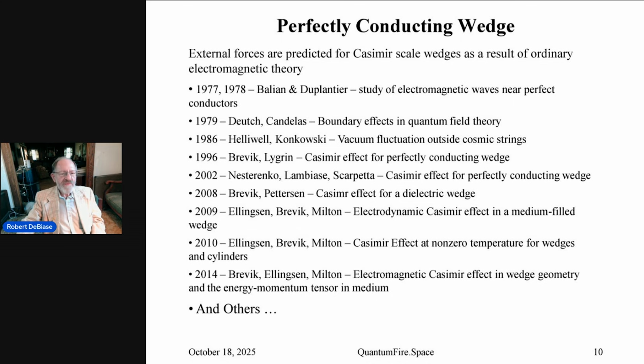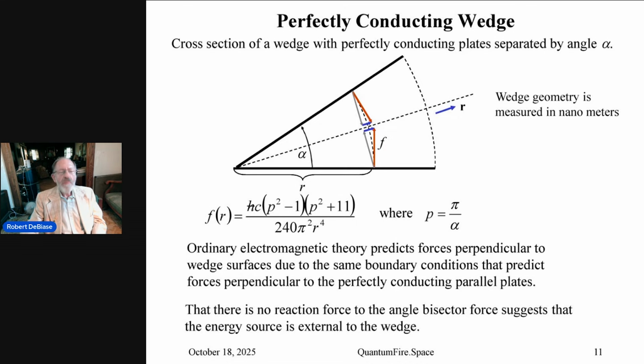So this takes us to perfectly conducting wedges. And there are a number of papers here. The first one being in 1979 by Deutsch and Candelas. But there have been a whole bunch on the perfectly conducting wedge. And so here's a diagram of a perfectly conducting wedge.